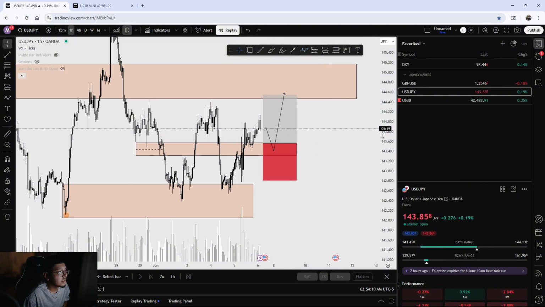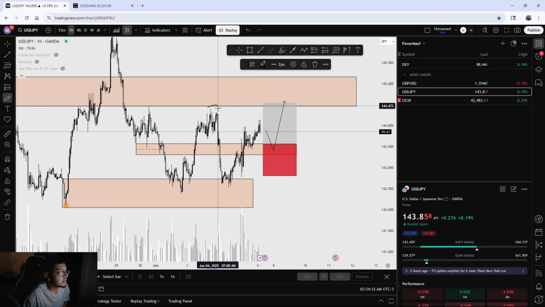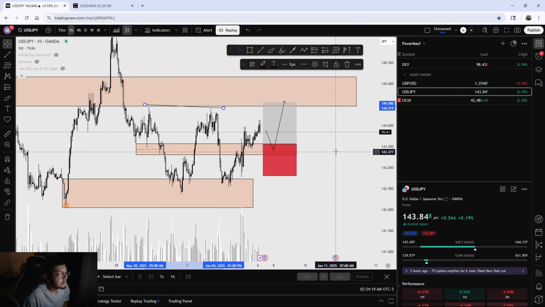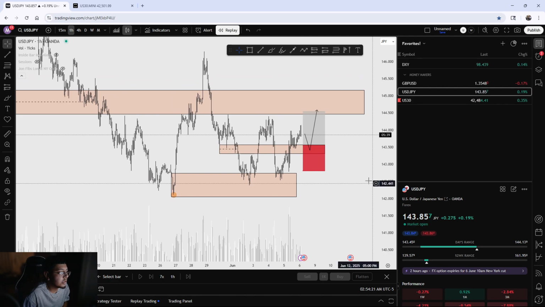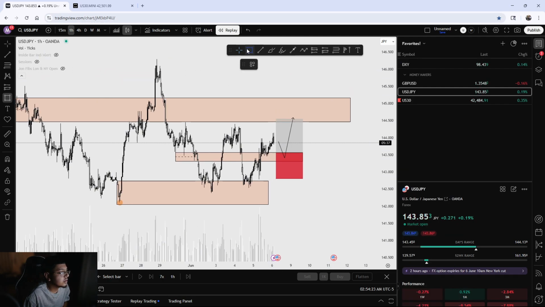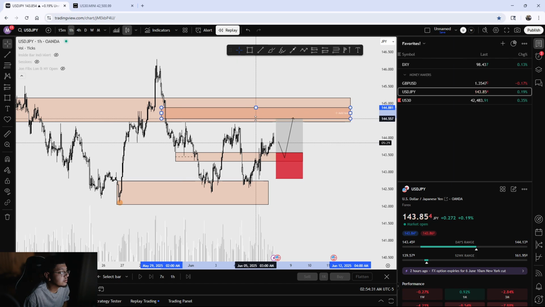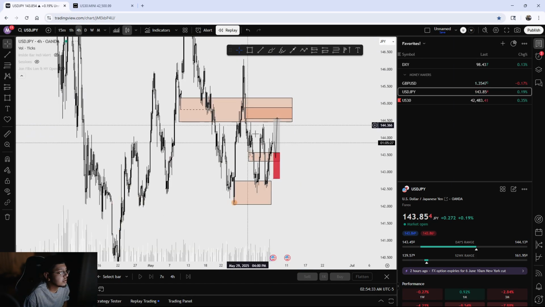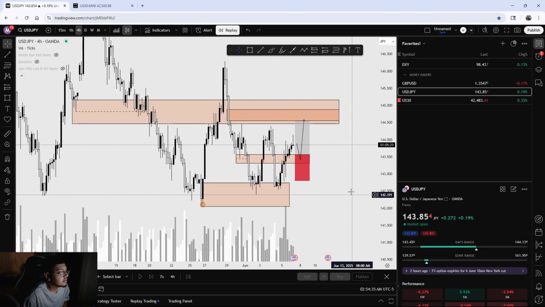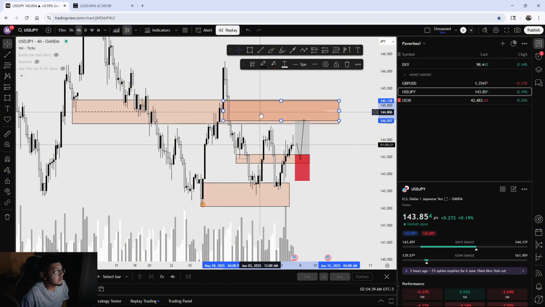react off of it, come to the upside and take out these highs, right? Because we have kind of equal highs, which is liquidity up in that area. We also have imbalance in this area for price to come into on the 1 hour and on the 4-hour structure, right? 4-hour structure is stronger.